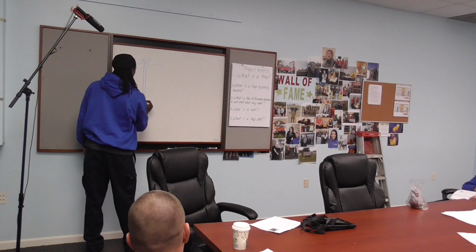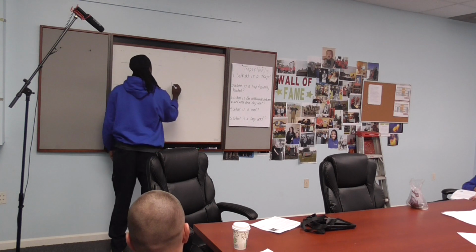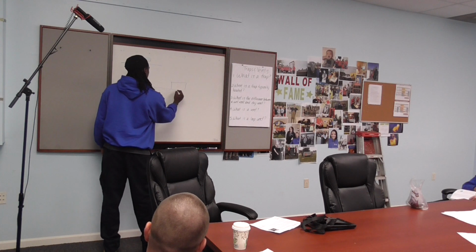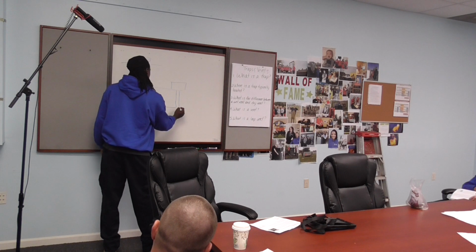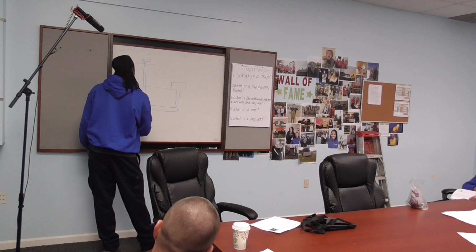Okay, so that's the basement. And that was his kitchen. So then he had a drain going to his kitchen sink, and it went over and tied into the main drain stack.